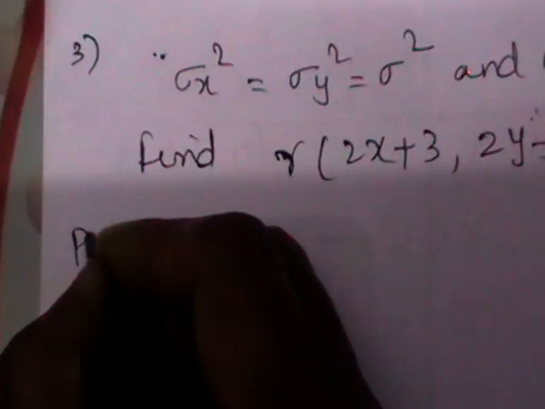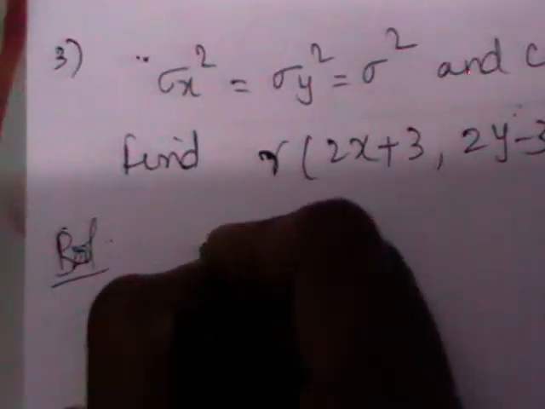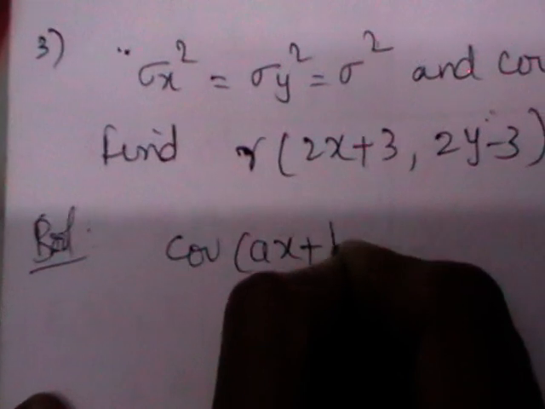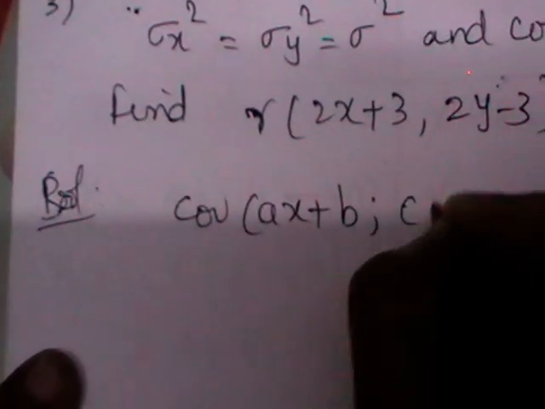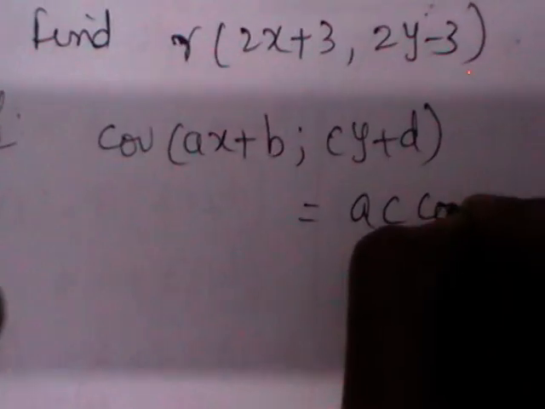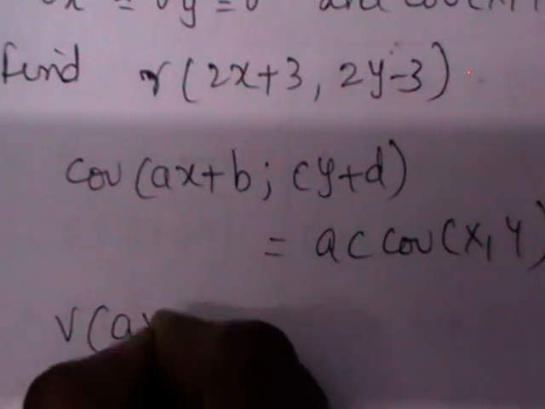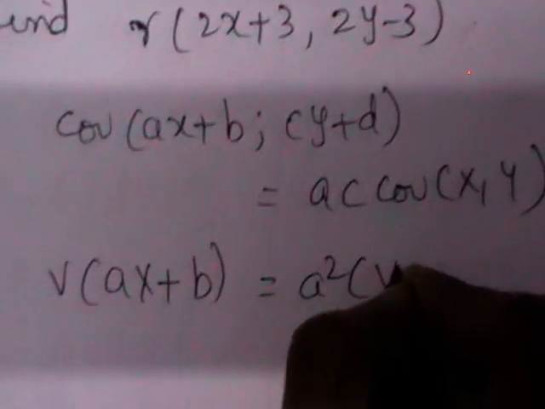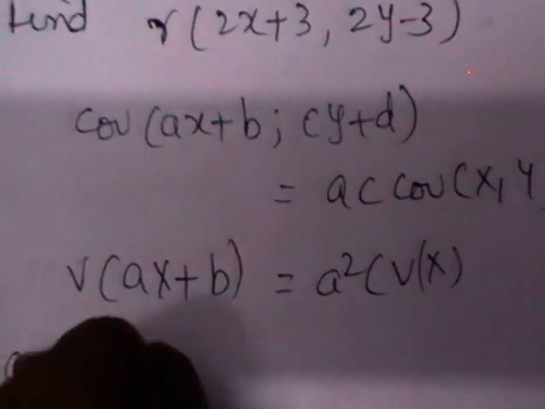Before finding this, try to recall what we did in the previous semester. Covariance of ax plus b comma cy plus d is nothing but AC covariance of x comma y, and you should remember this to do the next problems. Next problems are dependent on these results.